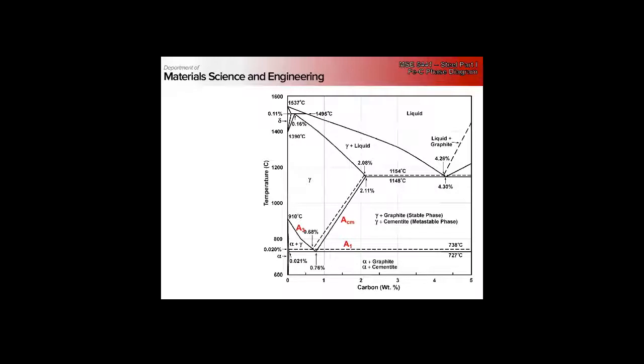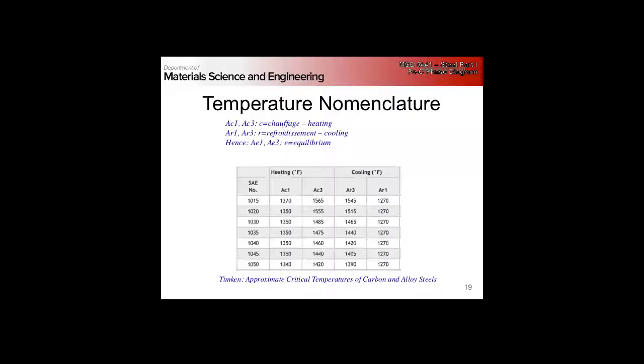So what's the eutectoid composition? 0.76 at 727C, right? And know the basic shape of these regions, and know this eutectic here, the eutectoid here, and with that you'll be pretty well set. Okay.